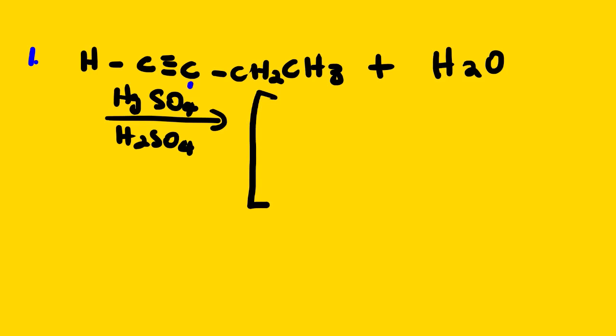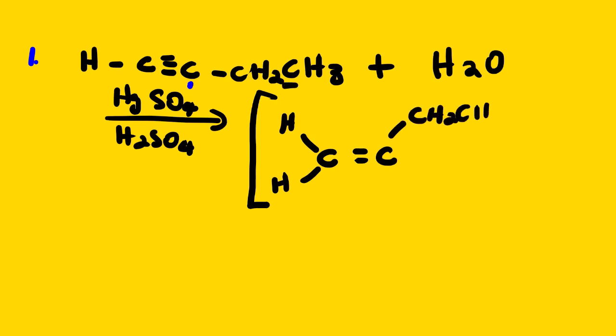This is our Markovnikov carbon. So you're going to have hydrogen here and hydrogen here. Then we have this part and our oxygen here.